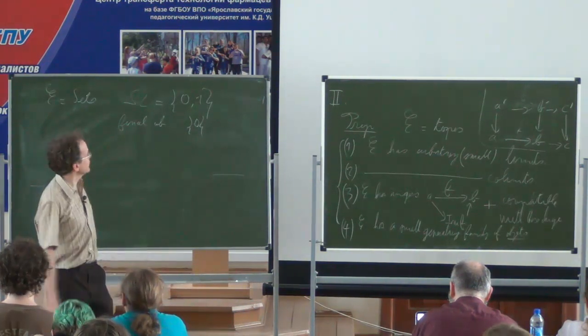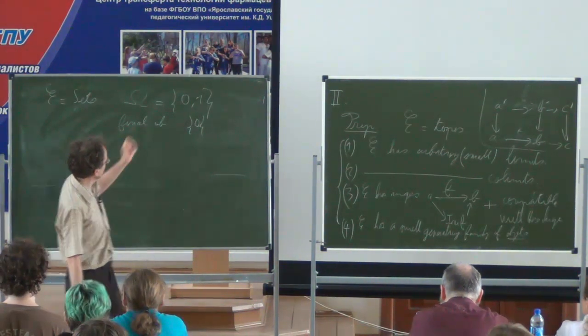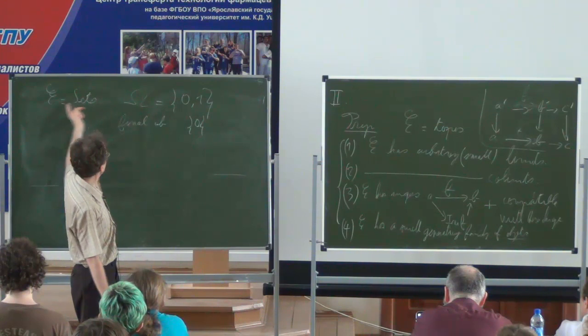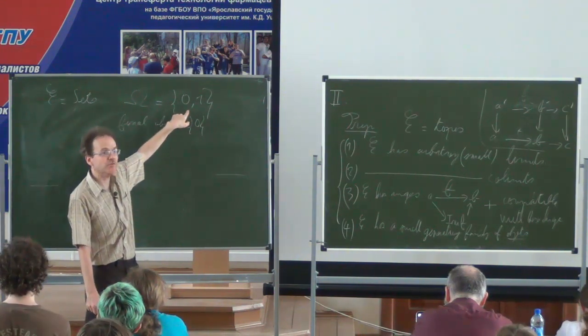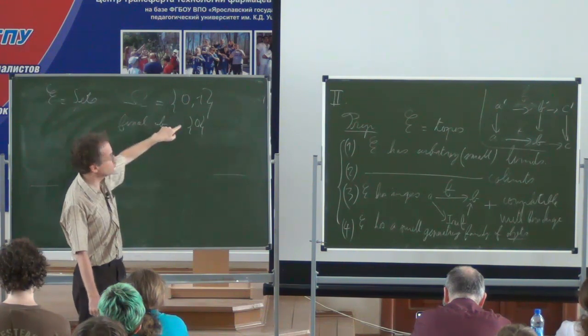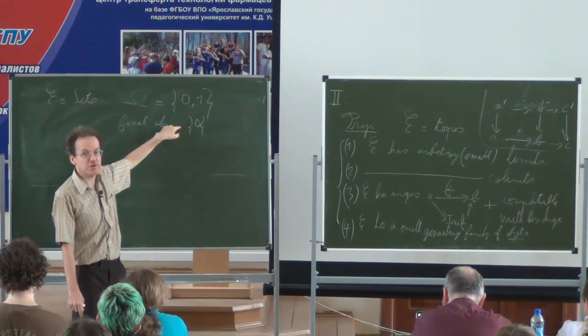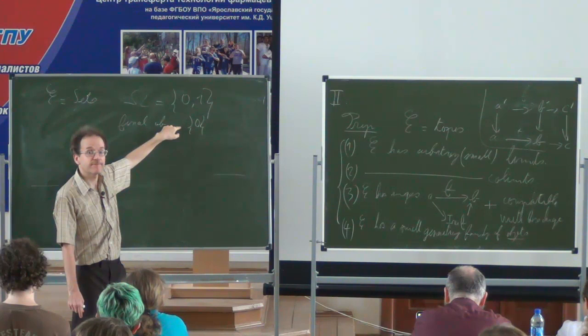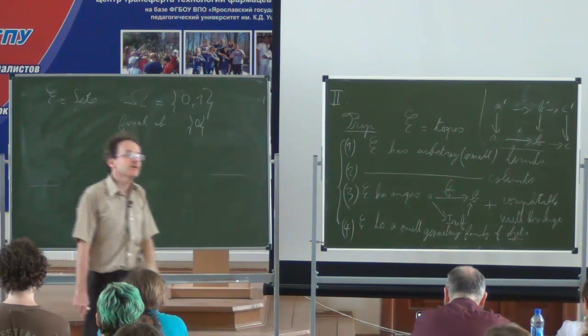And here we just said that the subobject classifier in the case of sets consists of 2 elements. So what does it mean? It means that this object has 2 sections over the final object.